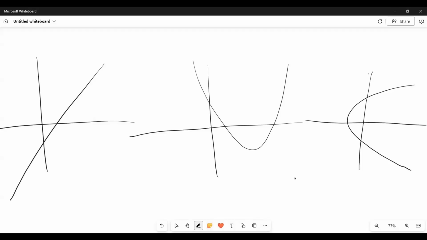If you were to draw, they call it the vertical line test, to identify a function, right?